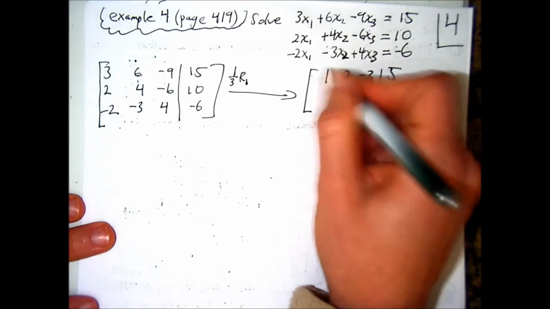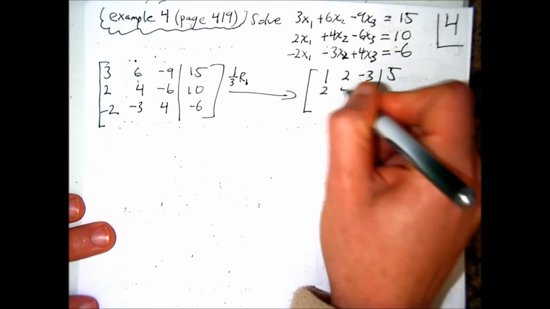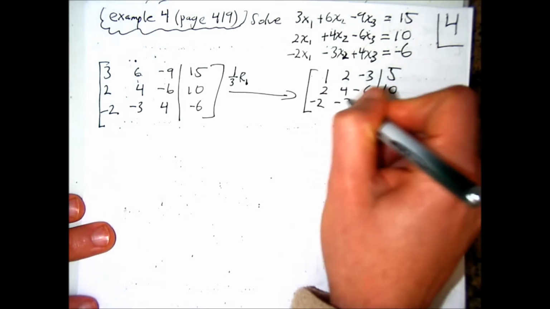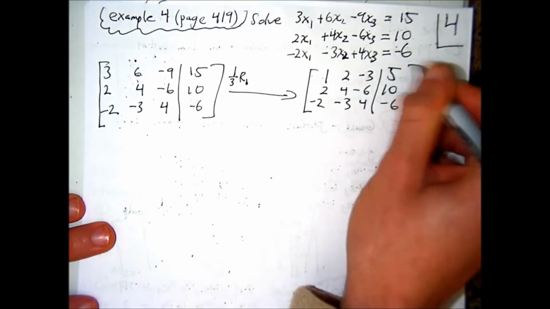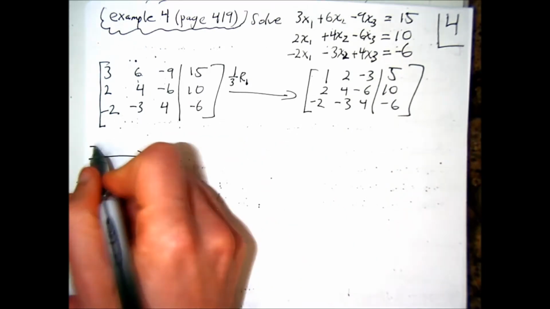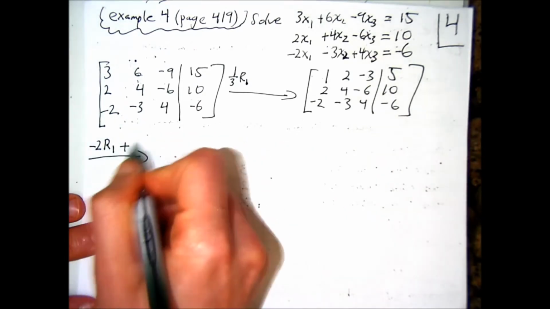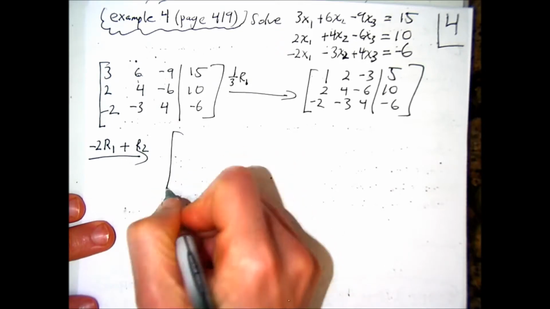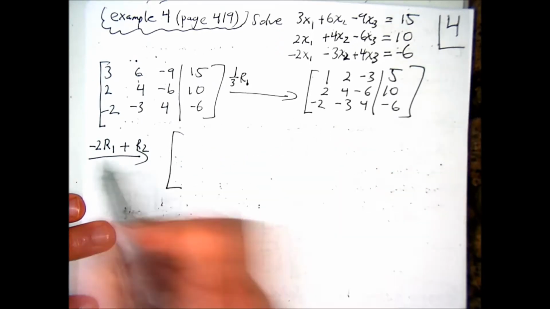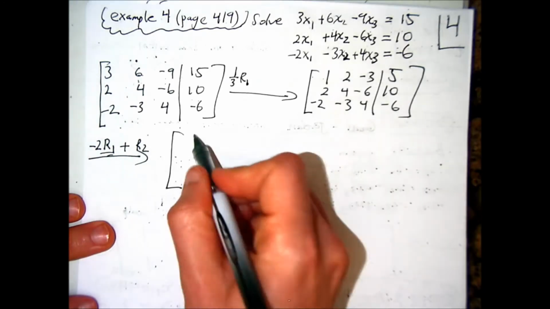And we get excited because we have a 1 here, you see? 2, 4, negative 6, 10, negative 2, negative 3, 4, negative 6. And then let's multiply the first row by negative 2 and add it to the second row and see what we get. So something doesn't change. This doesn't change. So we just copy it down.